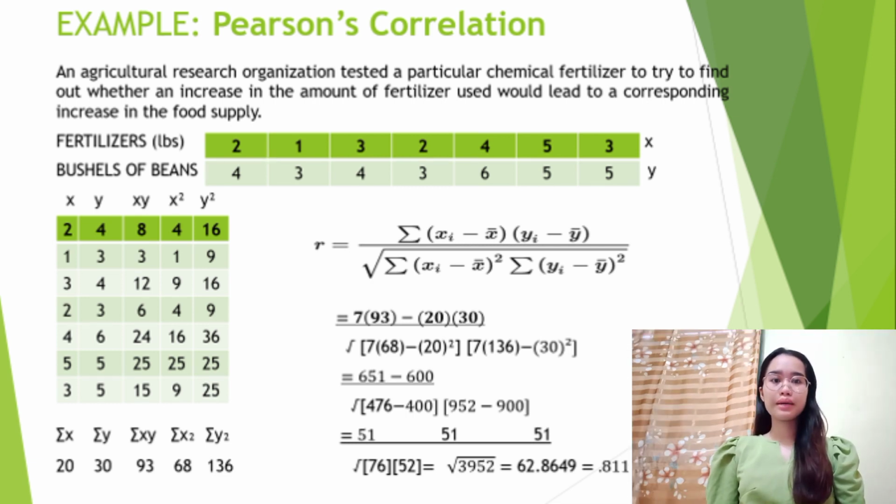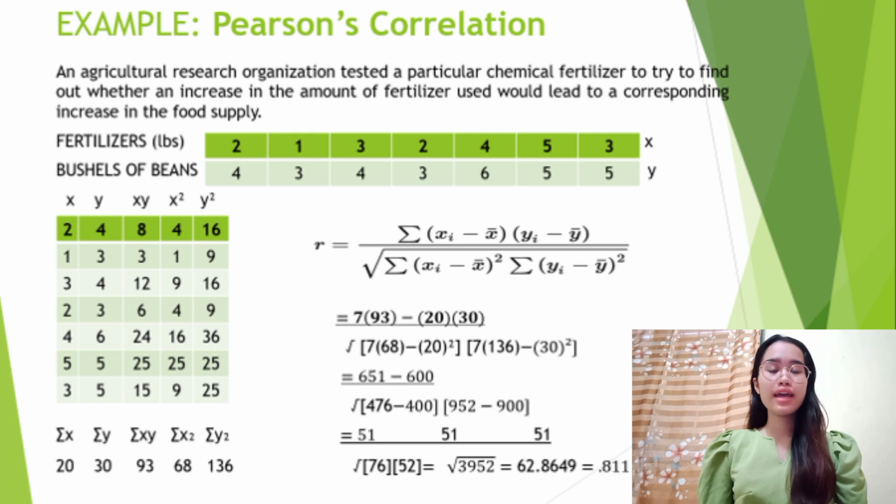Now let's substitute the values. N is 7, that's how many data points we have. The sum of xy is right here. It's 93, and then we're going to have a subtraction. The sum of x times the sum of y, and those you can find: here's the sum of x, here's the sum of y. Making sure also that we don't forget the subtraction sign.